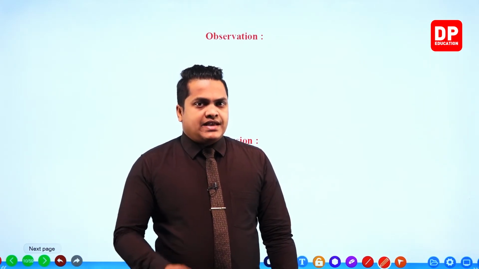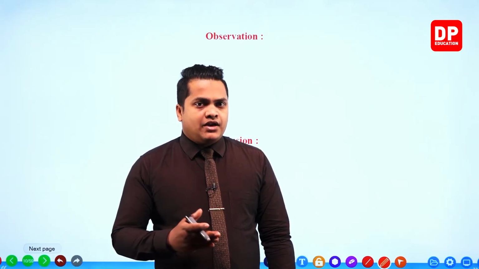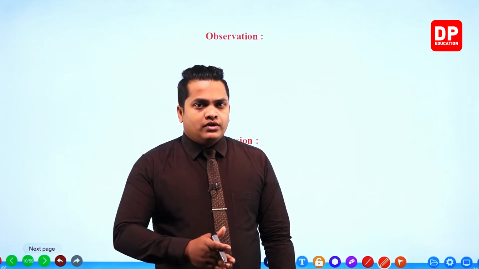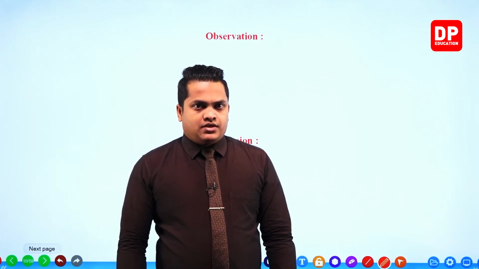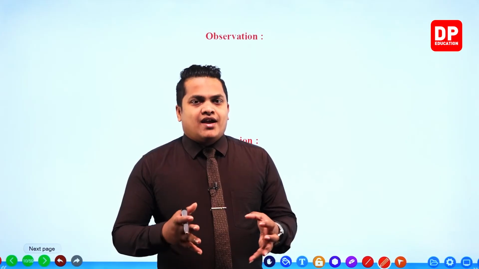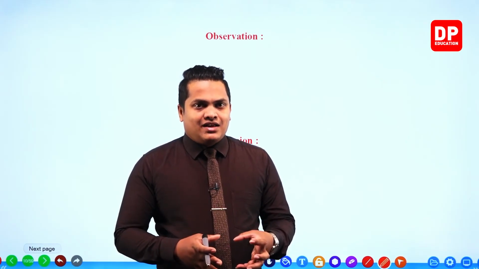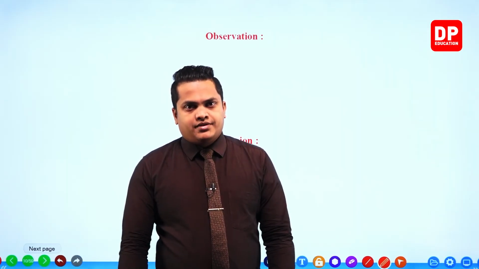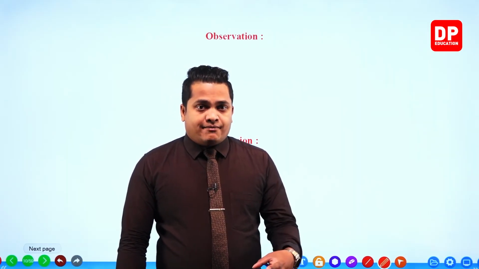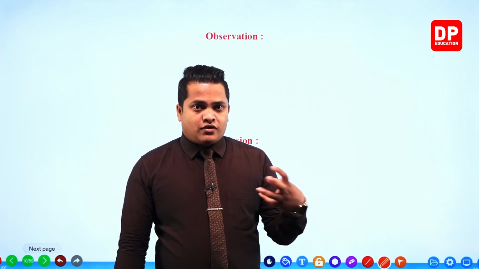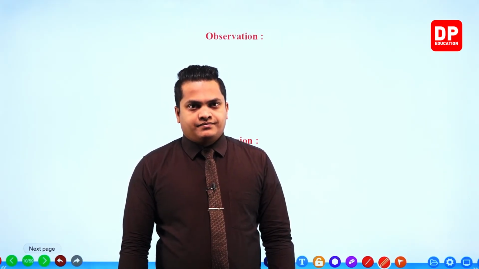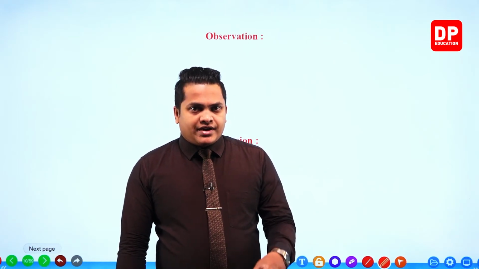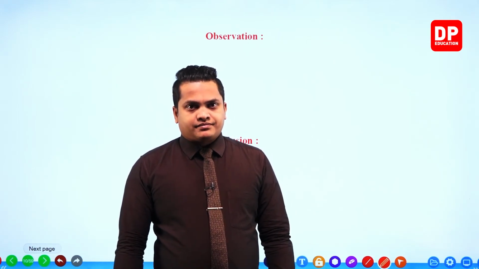So by doing this activity, we can come to the conclusion that the apex is always growing towards the light. That means the apex directly affects the growth of a plant. Even the apex can determine the direction of growth of the plant.